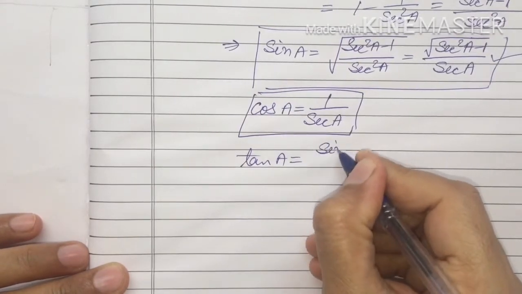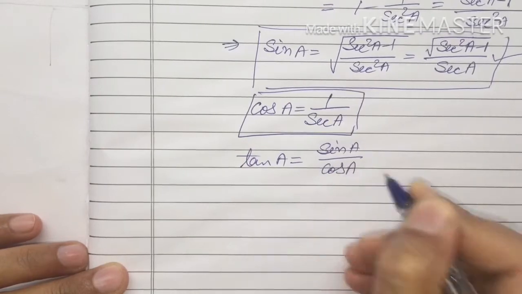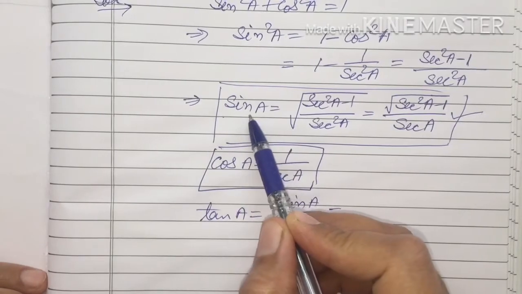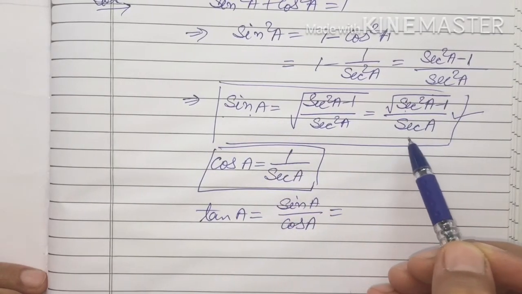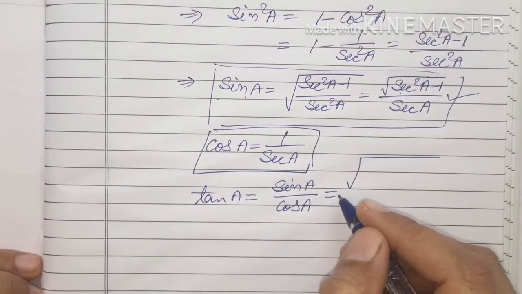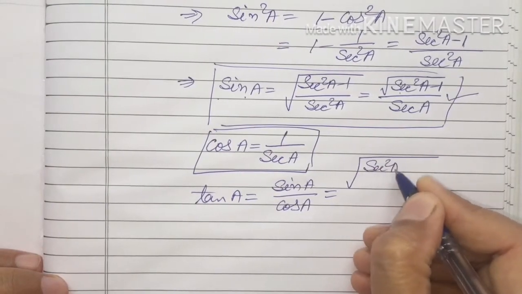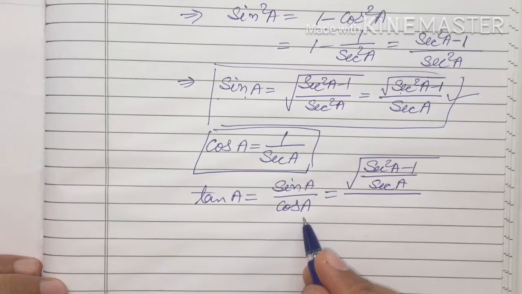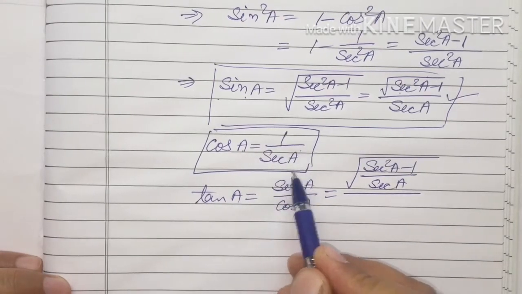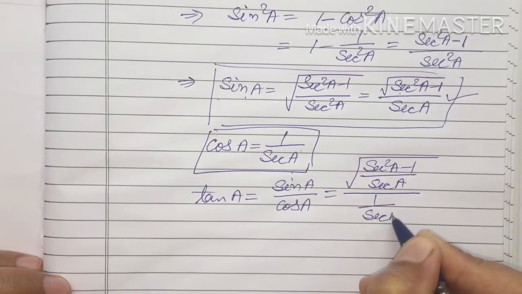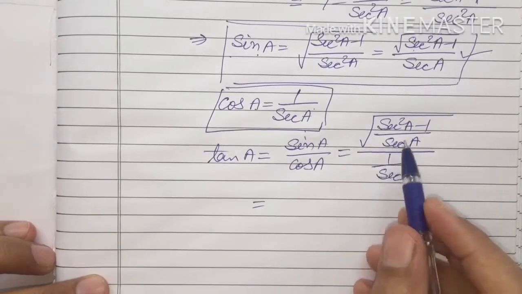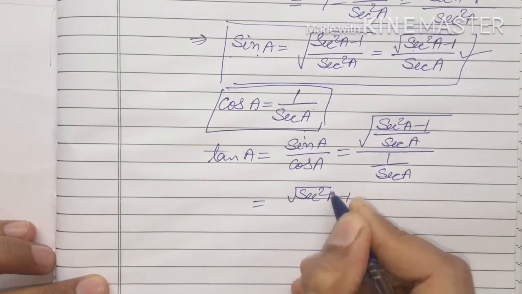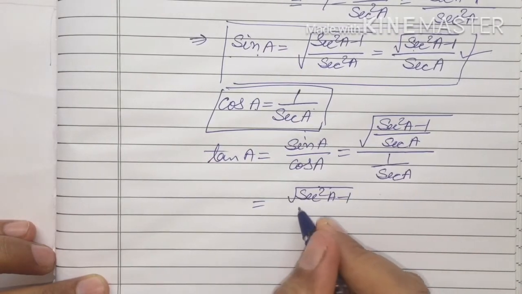As we know, tangent is equal to sine A upon cos A. So sine A we already found, is equal to root secant square A minus 1 upon secant A. We can put this value in place of sine A, root secant square A minus 1 upon secant A in the numerator, and in the denominator cos A, which we can write as 1 upon secant A. When we do the calculation, it will be root secant square A minus 1 upon 1.